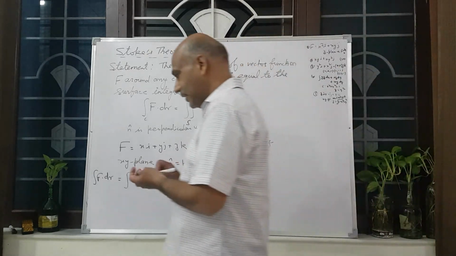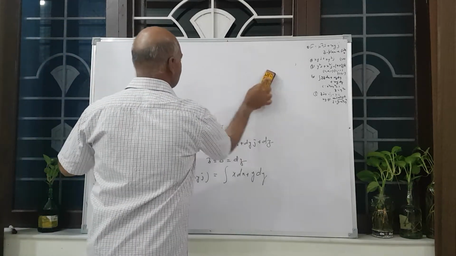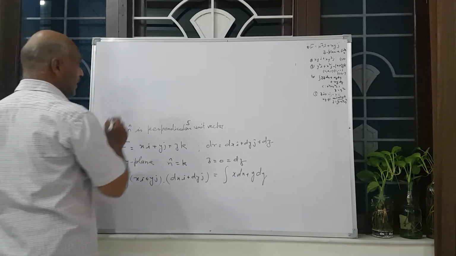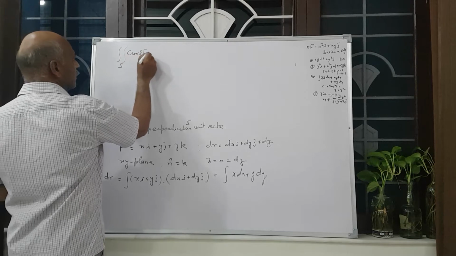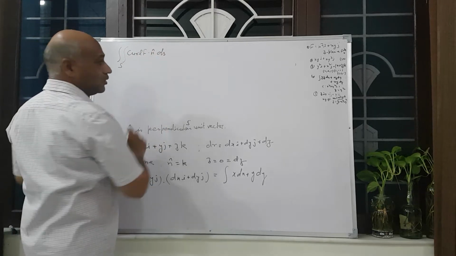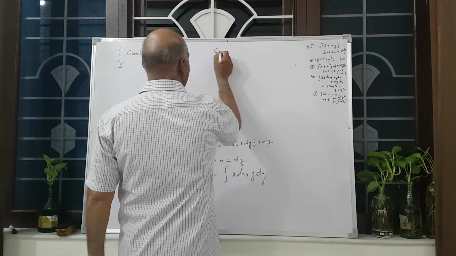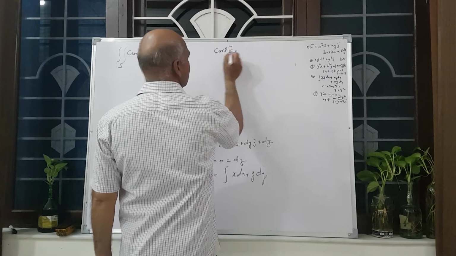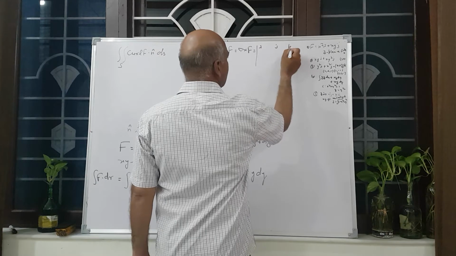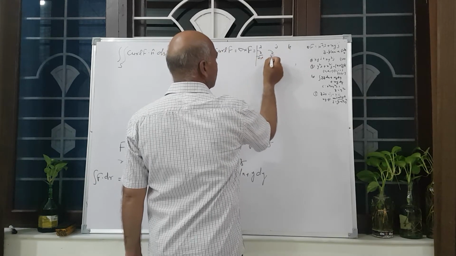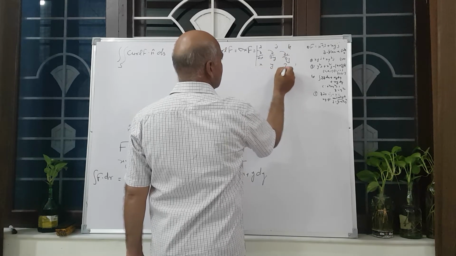Now the right hand side: the double integral of curl F dot n cap dS. We will find this one. So what is curl F? Curl F means del cross F, which is the determinant with i, j, k, del by del x, del by del y, del by del z, and x, y, z.